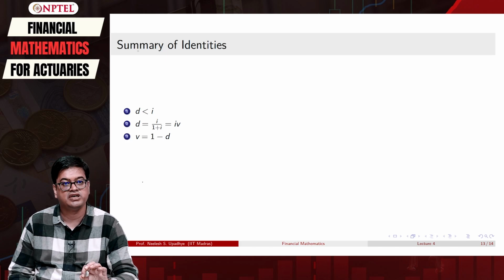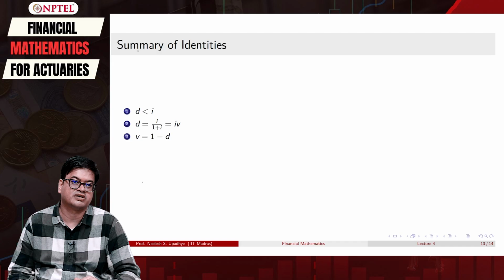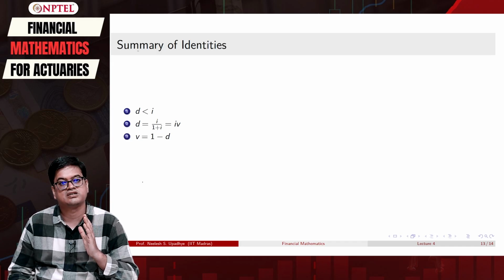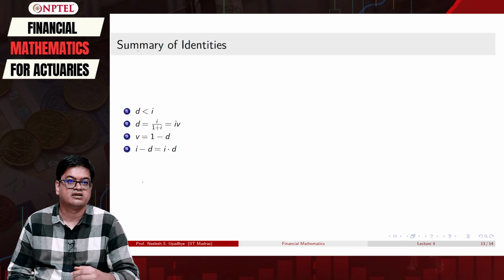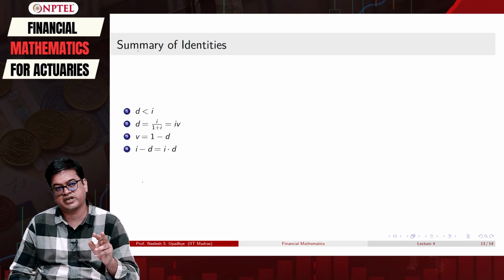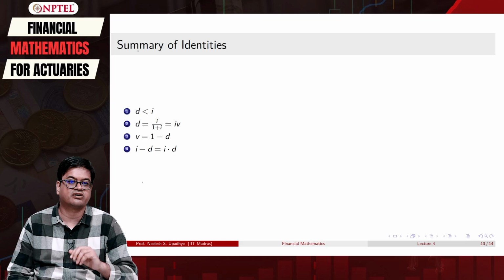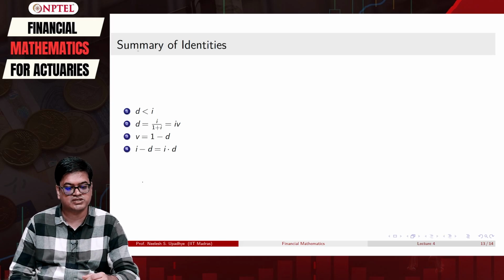Third, v, which is the discounting factor that we are using, is equal to 1 minus d. Then we have shown that the difference between interest and discount rate is equal to the product of interest and discount rates. This is the crucial question that you will get in exam.